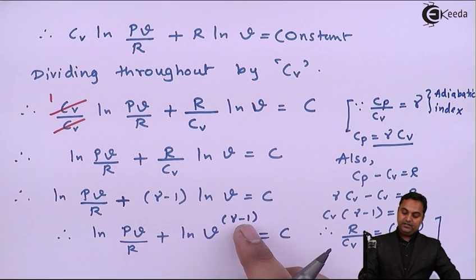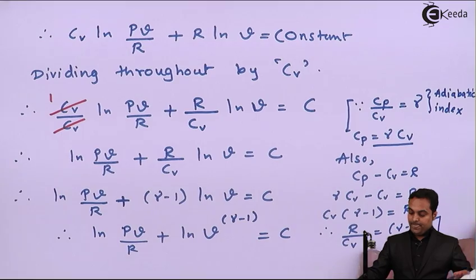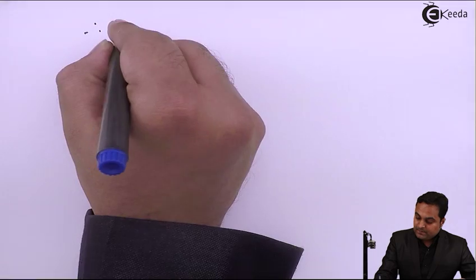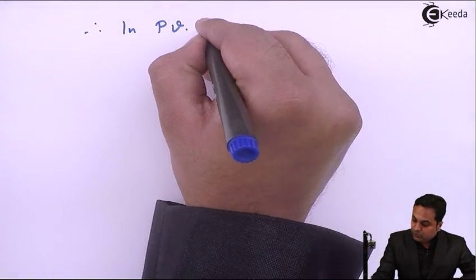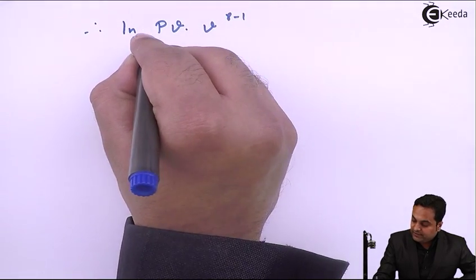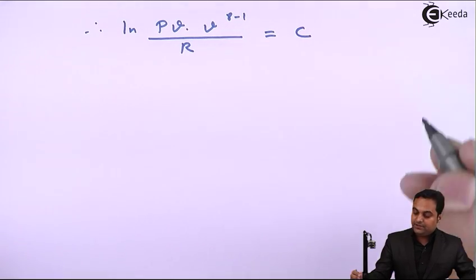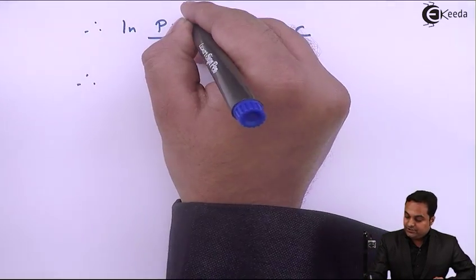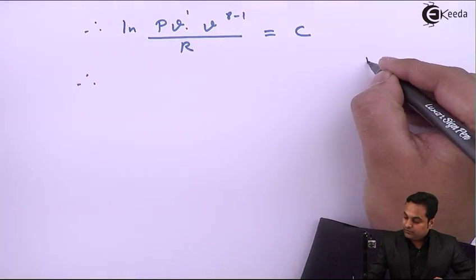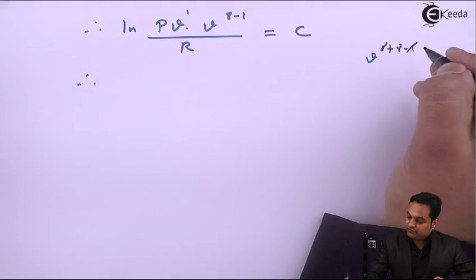Now I can multiply them, so that will become ln of PV into V raised to gamma minus 1, divided by R, and that is equal to a constant C. Next, on simplification, here the power is 1, so this will be V raised to 1 plus gamma minus 1, so plus 1 minus 1 will get cancelled.